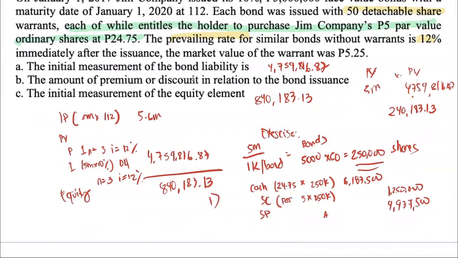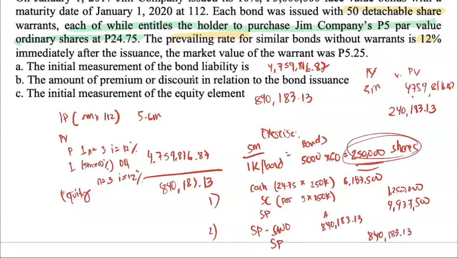Because as we said, if it's converted, first, you need to record the conversion. So first, we need to know how many shares were to be converted. And second, you need to transfer the share warrants outstanding to your share premium account. What is the share warrants outstanding? We have computed the equity at 840,183.13, and then share premium 840,183.13.